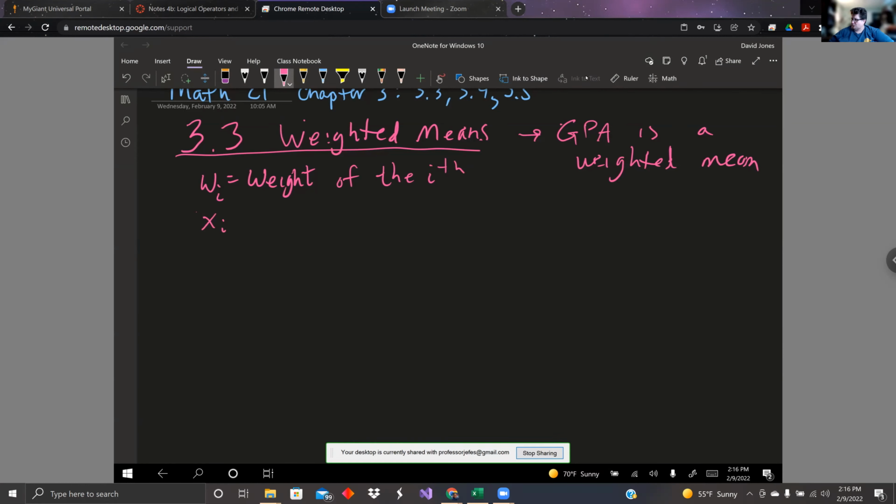The way the weighted average works, it's an average, and they use a little W there to say it's weighted. We used to just do the sum of all the XI, and then we divide it by N. Well, now we do the sum of the XI, and we multiply each by its weight as we do it. And then rather than dividing by N, we divide by the sum of the weights.